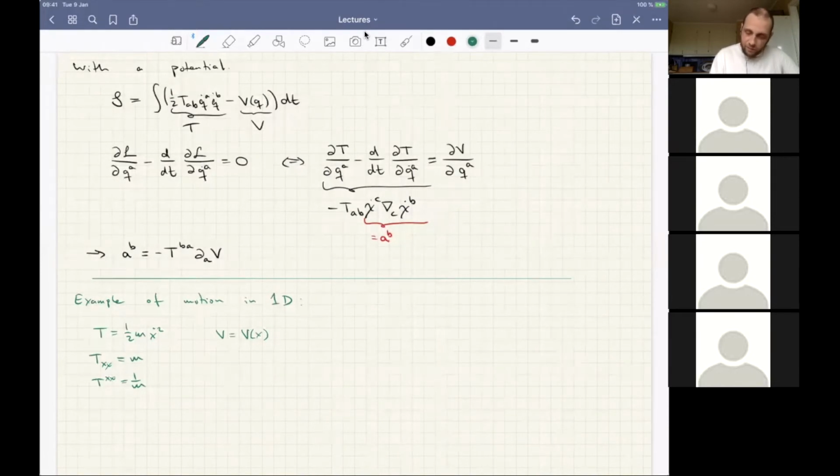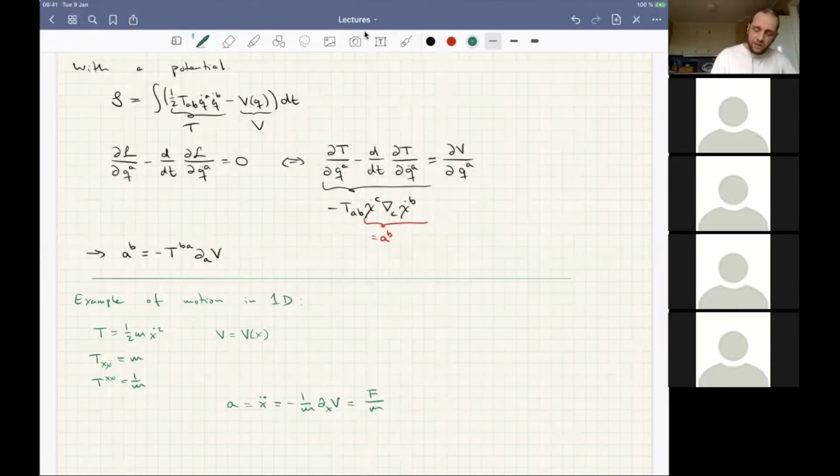And then if we take this equation and write it down, it only has one component because it's just one-dimensional motion, and that's a, which is the second time derivative of x, which is equal to minus 1/m times d_x V, which is the derivative of V. So this is the force, essentially. The force is minus the derivative of the potential. So this would be F/m, sorry. That's just Newton's equation.